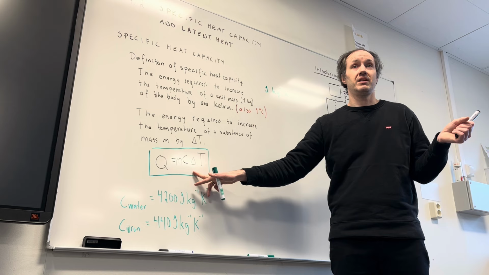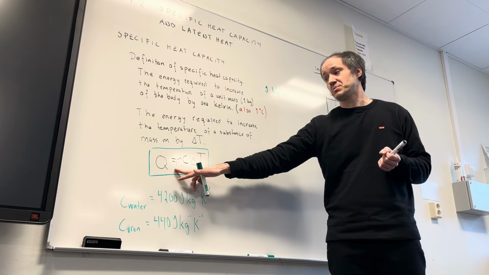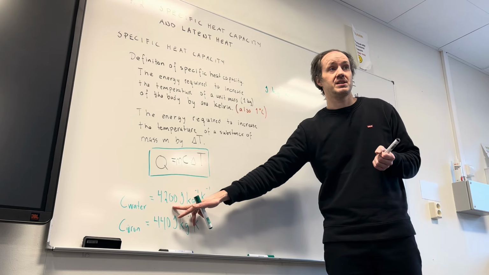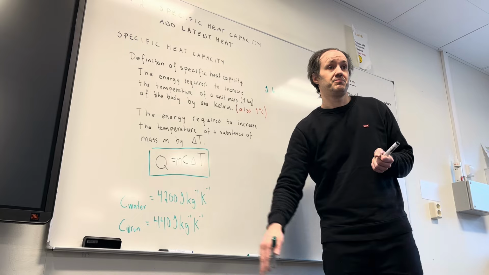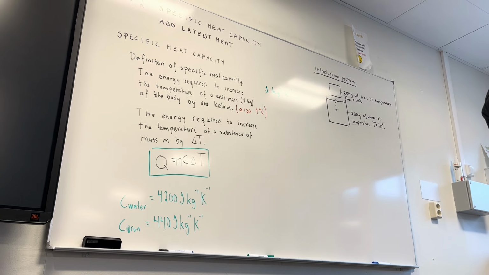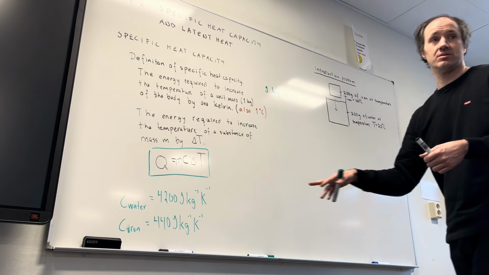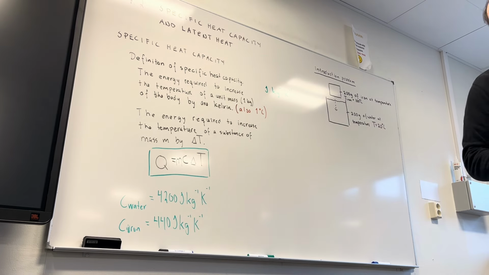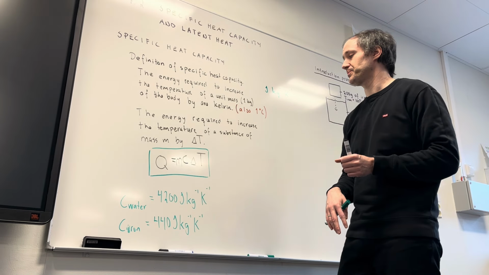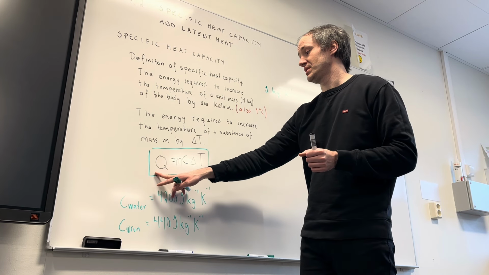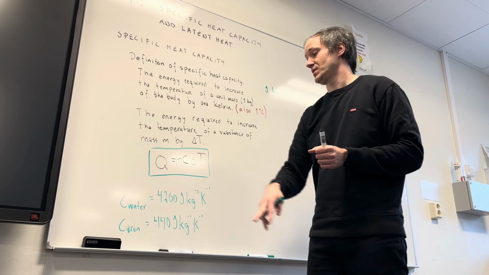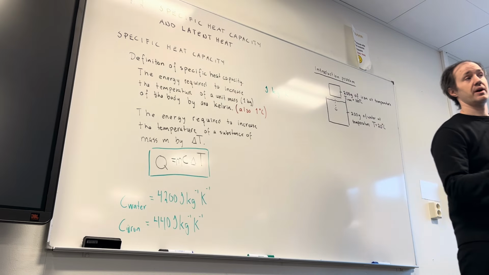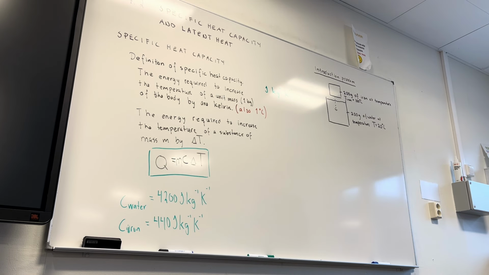That's going to save quite a lot of money. It has to do with the specific heat capacity of water, which is quite high. So we pay quite a lot of money in our household to heat water. That's one of the things we use most electricity for, heating up water. So water can store quite a lot of energy.